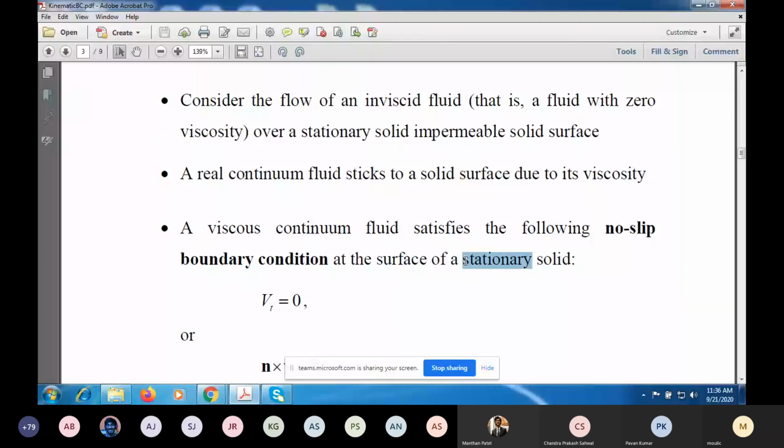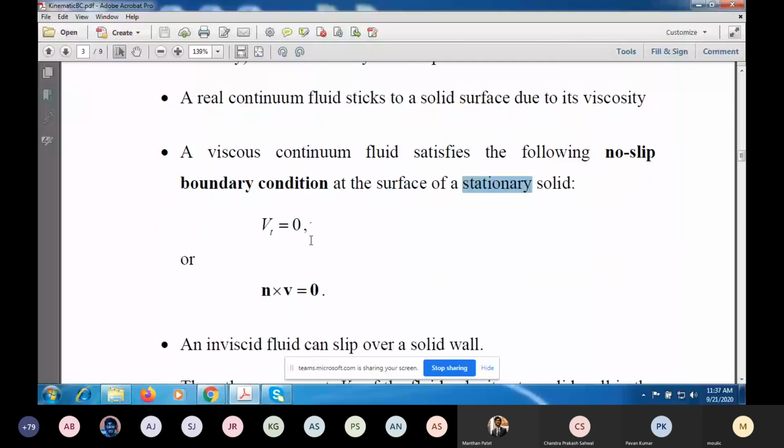That is, the tangential component of velocity is zero. Now if you want to be more elegant, you can say n cross v is zero, where n is the normal. So n cross v will be a vector which is normal to n. Okay, so it will give you the component of the fluid velocity which is tangent to the surface.